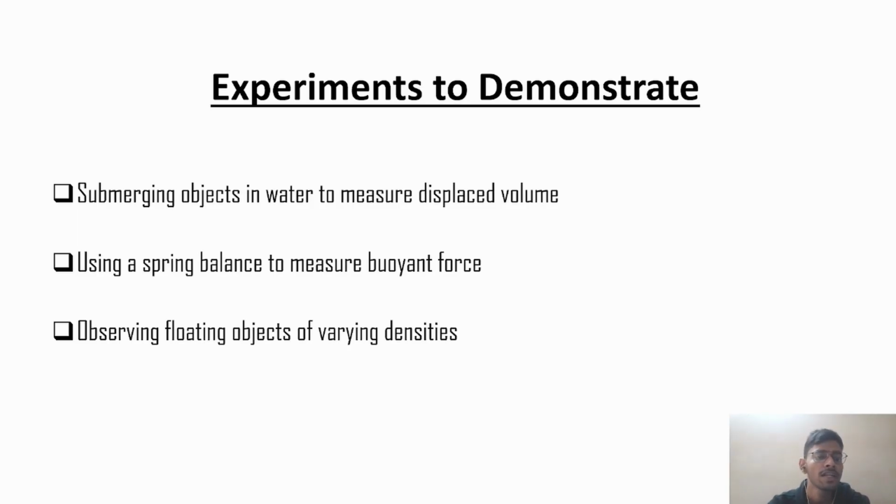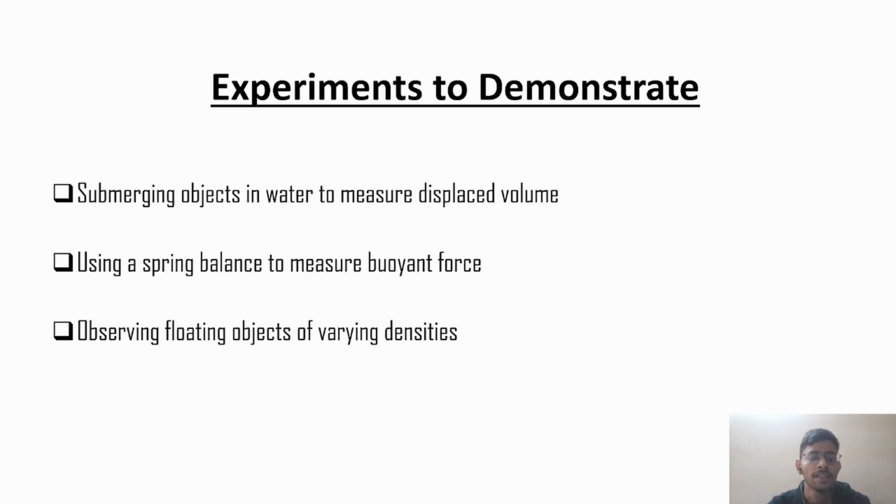For example, submerging an object in water to measure the displaced volume. In a beaker we can pick some object and sink it to see the displaced volume, or we can even measure it. We can also use a spring balance to measure the buoyant force.